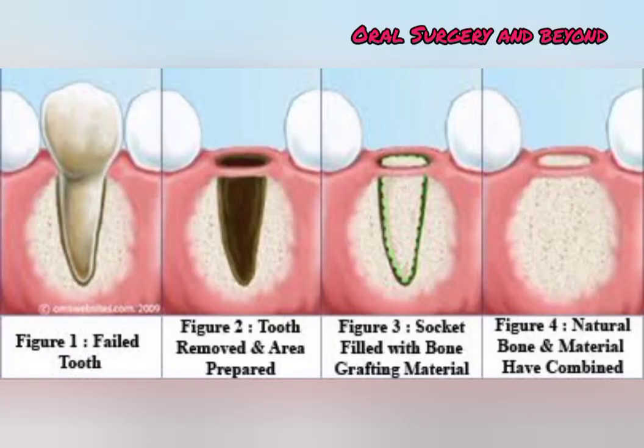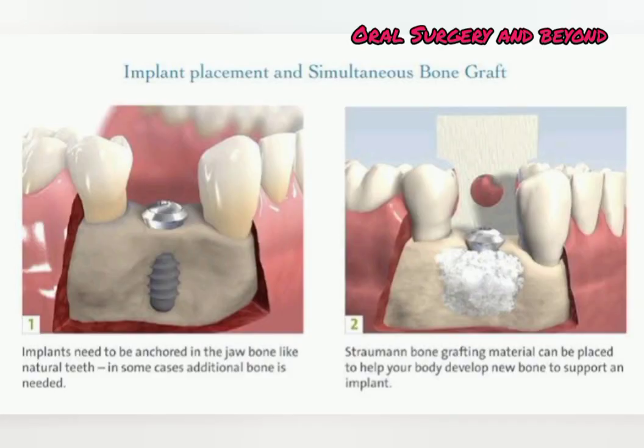Here, after the extraction, for socket preservation and to prevent bone loss, we can place the bone graft immediately after the extraction, so we can put implants at this site without losing any natural bone in the patient. It is very helpful in such conditions.